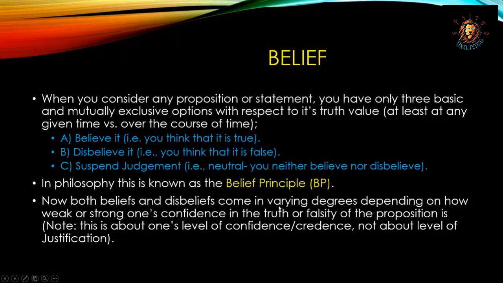You neither believe nor disbelieve. I don't know. I don't have any disposition towards this proposition at all. Maybe it's true, maybe it's false. Don't know, don't care. I'm neutral. So those are the three positions. And as I said, they're mutually exclusive, meaning you can only believe or disbelieve or suspend judgment at any given time.